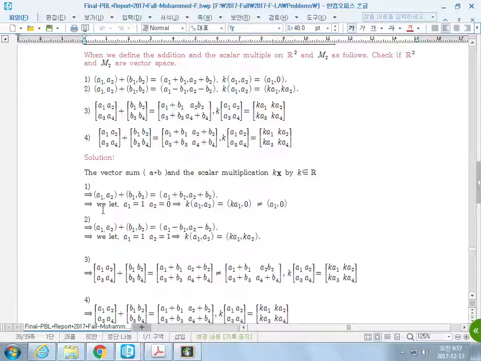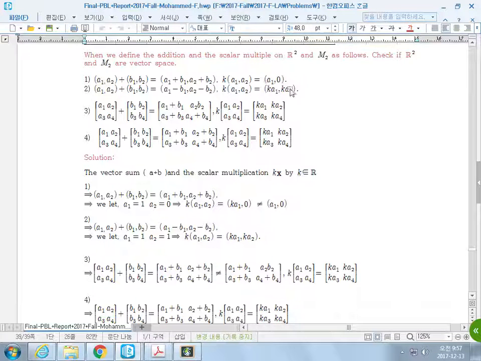And in case of the scalar multiplication, A1 equals 1, A2 equals 0. So K multiplied by A1, A2 will form KA1 and KA2, but because A2 is 0, the result will be KA1 and 0.